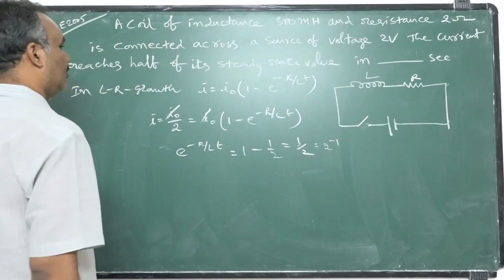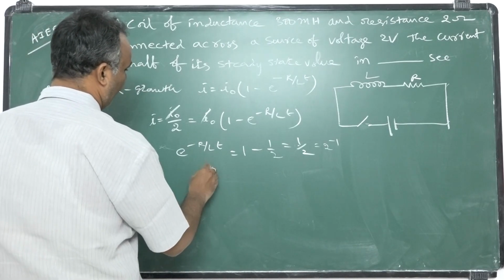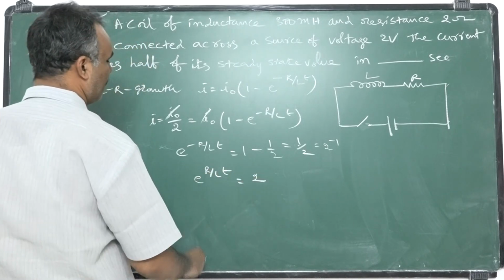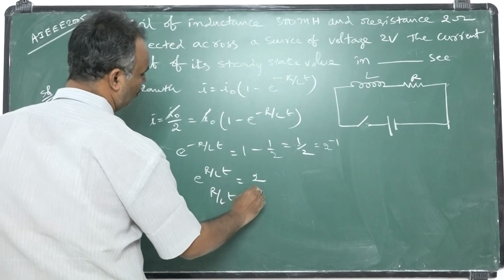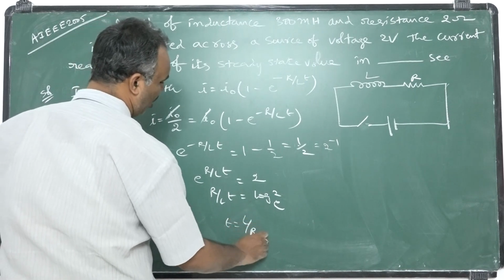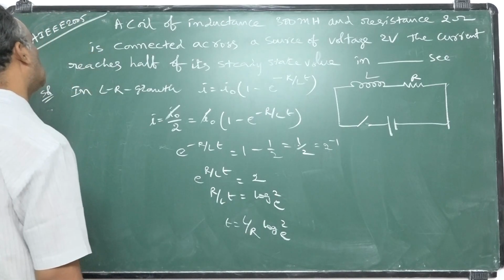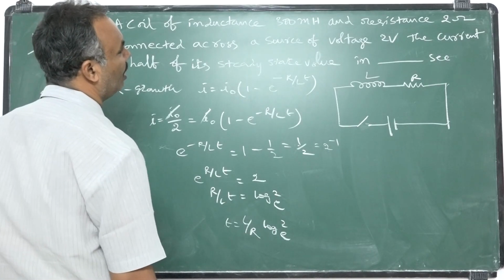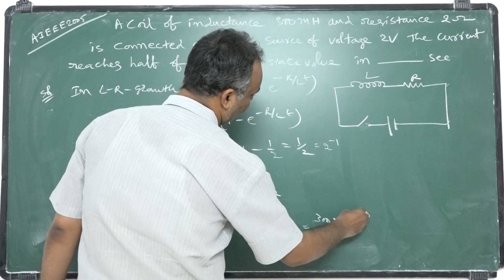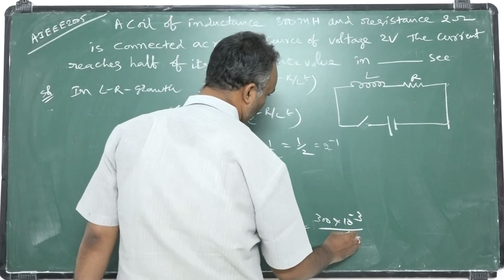So if you reciprocate on both sides, e power R by L into t is equal to 2. R by L into t is equal to log 2 to the base e. T is equal to L by R log 2 to the base e. L value they gave as 300 millihenry, so 300 into 10 power minus 3 by resistance value they gave as 2.